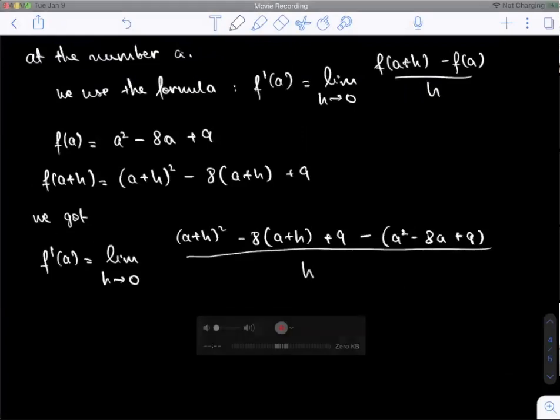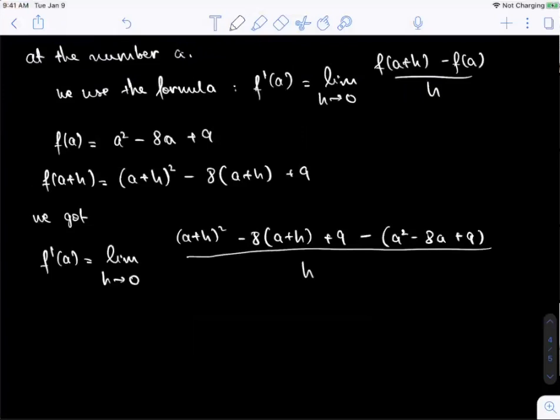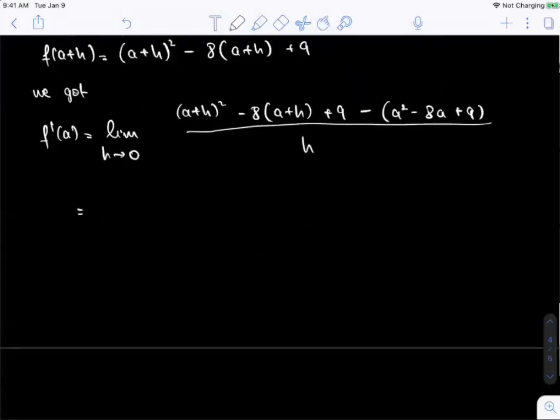If you use direct substitution, you will find out that it's not going to work. You're going to have 0 over 0, which is the indeterminate form again. And so you have to make simplifications, in this case trying to get rid of the h in the denominator. So to do so, I'm just going to expand the numerator and see what happens.